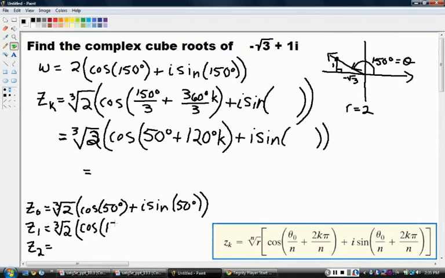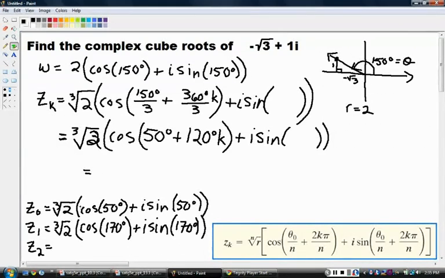So that's going to be cosine of 170 plus i sine of the same angle, 170 degrees.